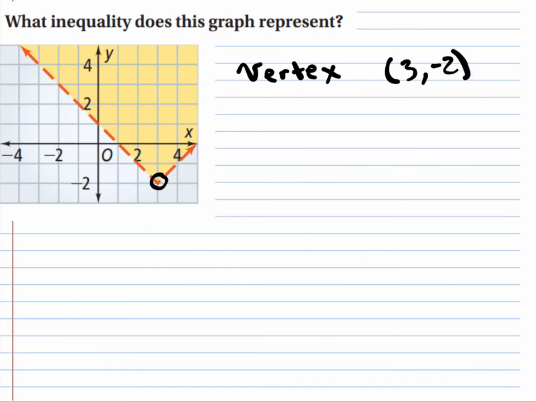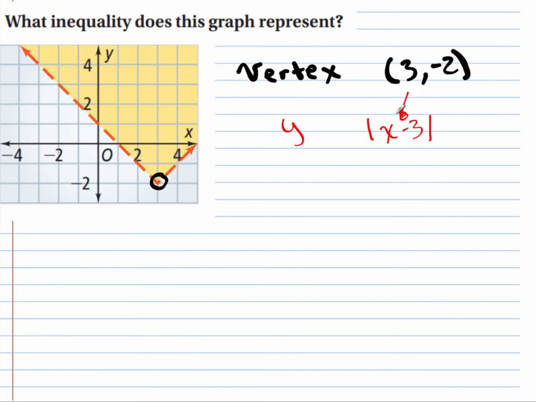Now, what that tells you is that you're going to have some sort of absolute value x minus 3. Because when I find the vertex, what I'm trying to do is make whatever is in the absolute value equal to 0. So x minus 3 is equal to 0 when x is equal to 3. So that's how I found that part right there.